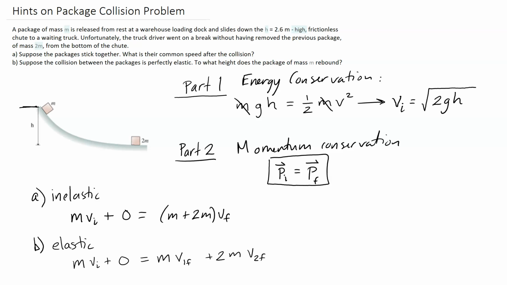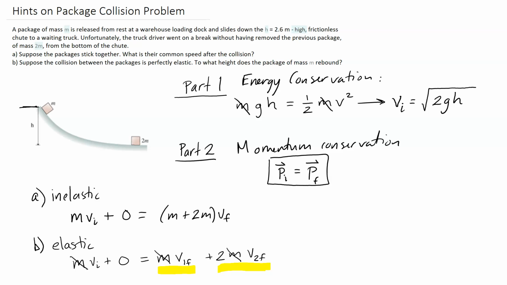Afterwards, we have the momentum of the first package and the momentum of the second package. It's convenient that I didn't even plug in numbers because it looks like we don't need the mass. I'm just going to call this equation 1 right now.